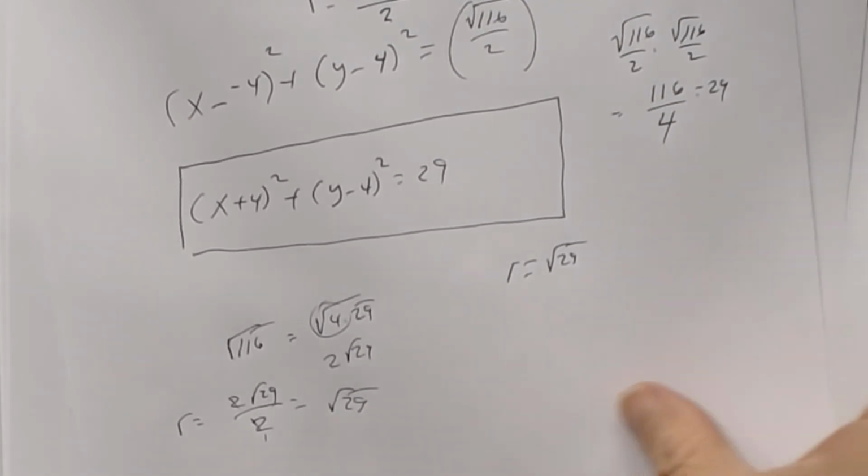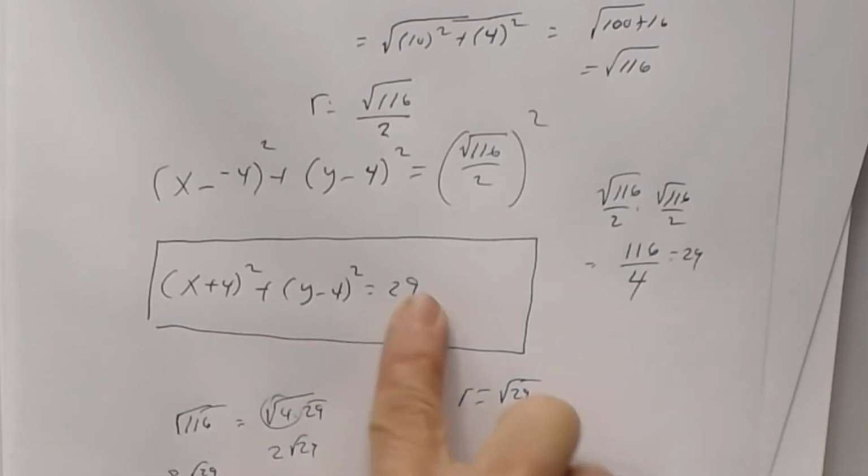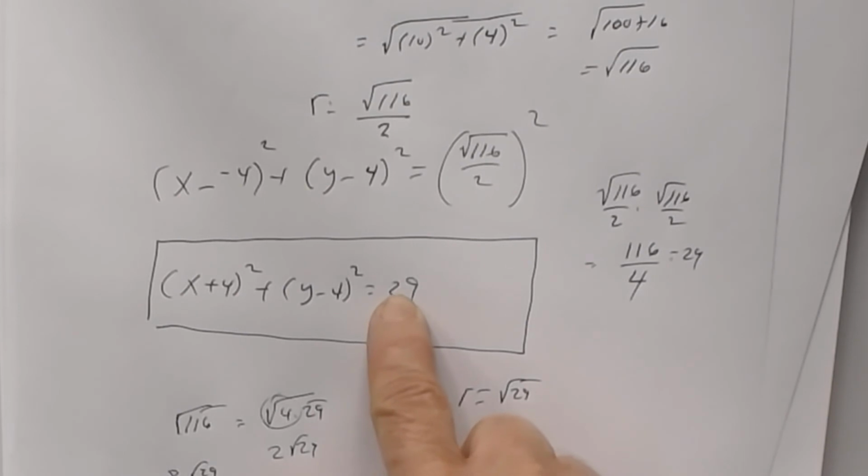Okay, so just wanted you to be aware that when this is given, you would take the square root of this. So remember, if this number right here was 100, you would say the radius is what? 10. If this is 37, you say the radius is what? Square root of 37.